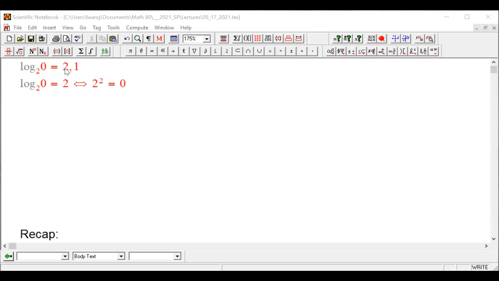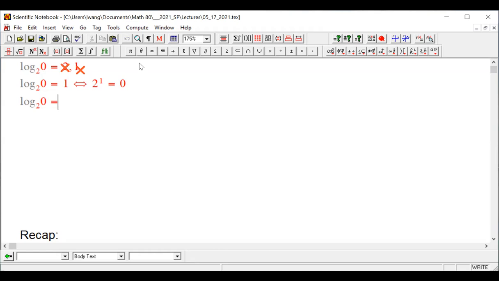Is it 1? That means 2 to the power 1 has to equal 0. And that's not true either. Do you follow me? So log base 2 of 0, what does it equal? The answer you provided, 2 or 2 comma 1, is not true.